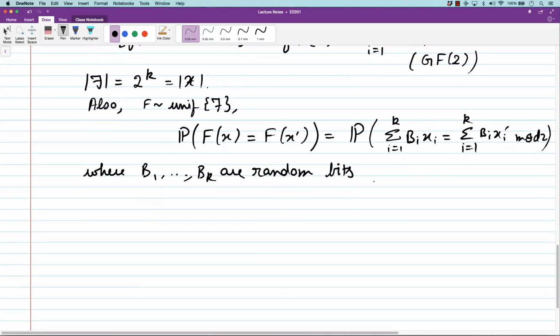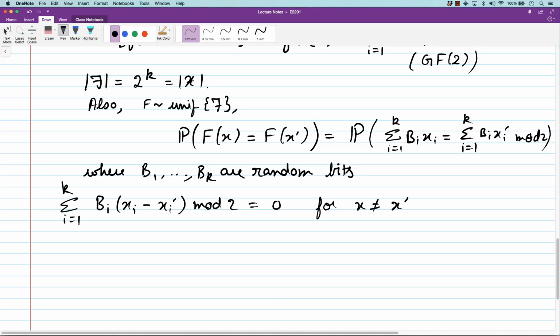Now let's look at this. The two sums are equal if and only if the summation i equal to 1 to k of b_i (x_i minus x_i prime), mod 2, is 0. So when is this thing 0? You're given some x_i, i equal to 1 to k, and since x is not equal to x prime, there will be at least one bit which is not equal.